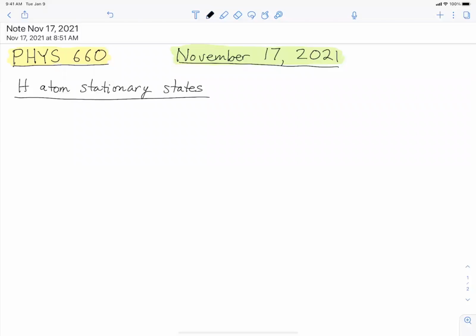Okay, good morning, everyone. So we've been talking about hydrogen atom stationary states. And last time I just quoted for you the result about the expectation value of the radial coordinate, r.